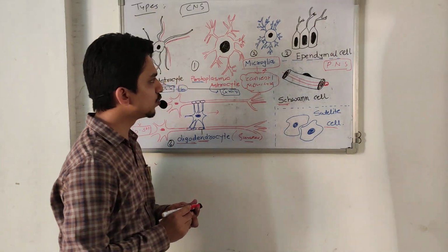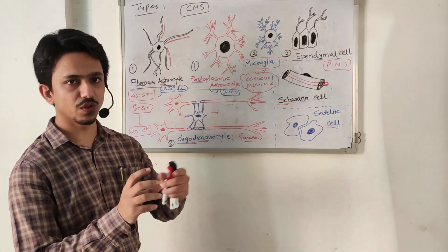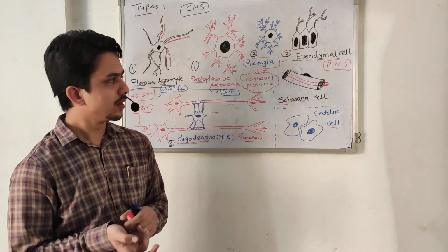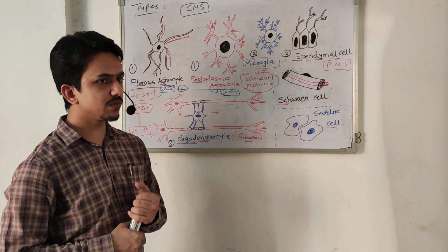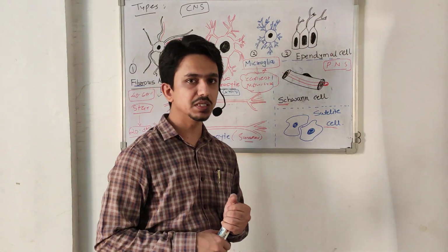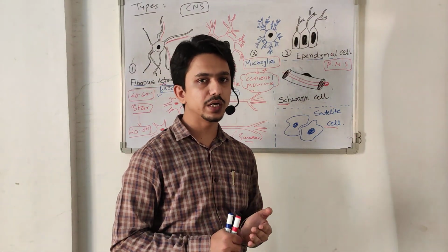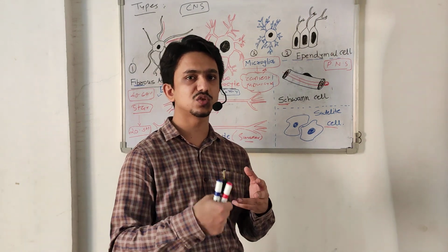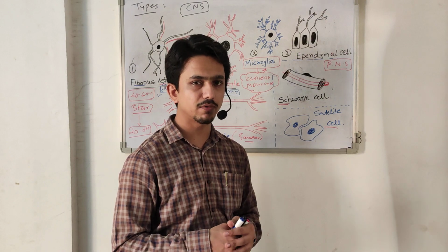This microglia can move in the CNS. They can move from one place to another, but they cannot come out of the CNS. Microglia are responsible for phagocytosis, meaning they give immunity against foreign material, foreign particles, bacteria, viruses, fungi, parasites, whatever.